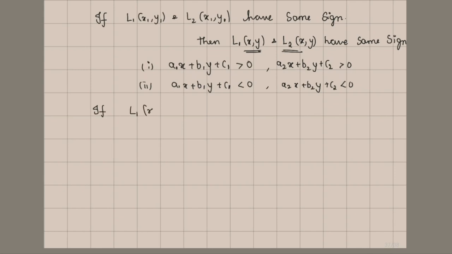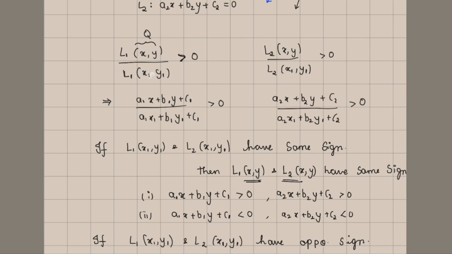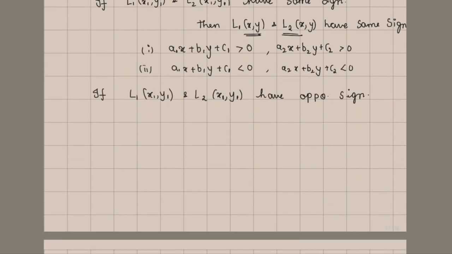L1 of x1 comma y1 and L2 of x1 comma y1 have different or opposite signs, see, if these denominators have opposite signs, then L1 of x comma y and L2 of x comma y will also have different signs.